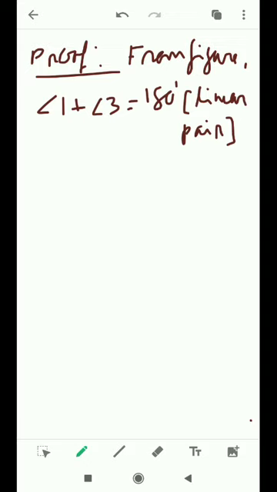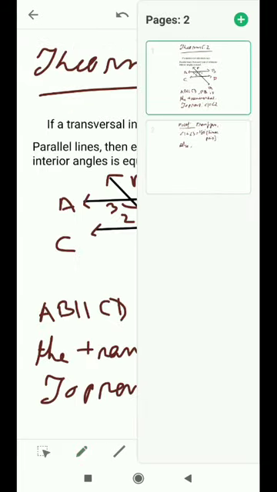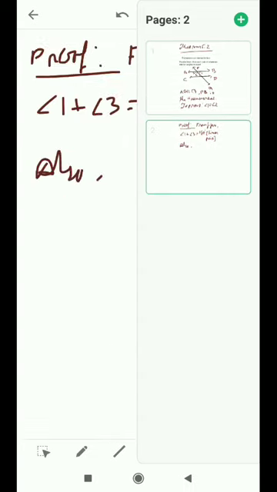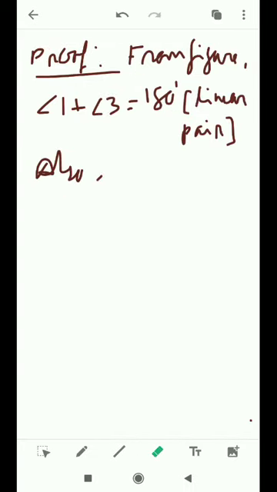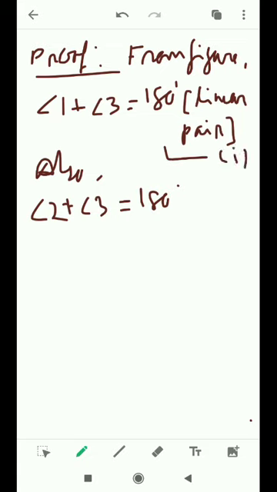And also angle 2 plus angle 3 is equal to 180 degrees, and this first one we will mark as equation number 1.